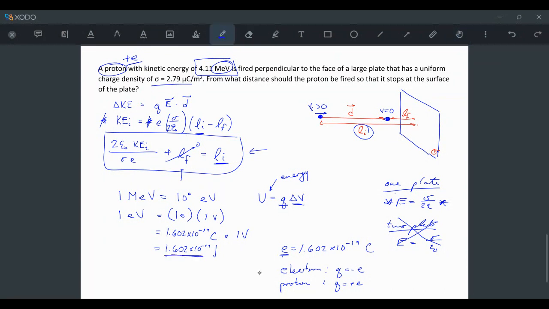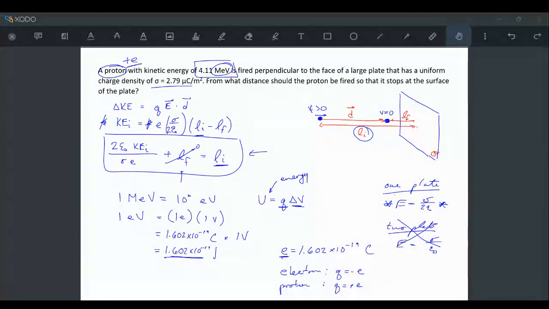So 1 electron volt, you use the same conversion for e to coulombs, same as eV to joules. So that's how you would do the conversion. Hopefully not something you have to worry about too much, but now you've seen it, and it's also a good preview for when you get into potential difference and electrostatic potential energy.